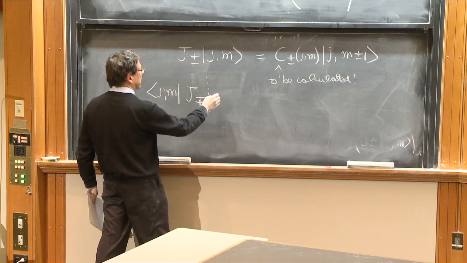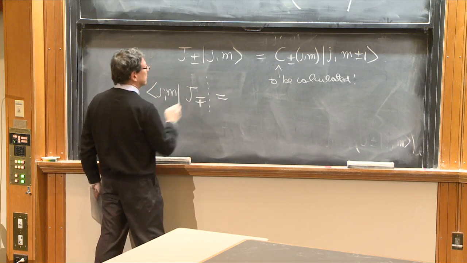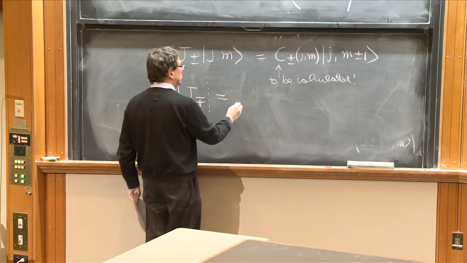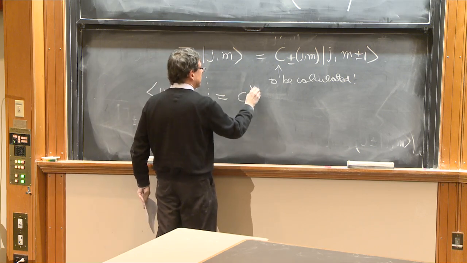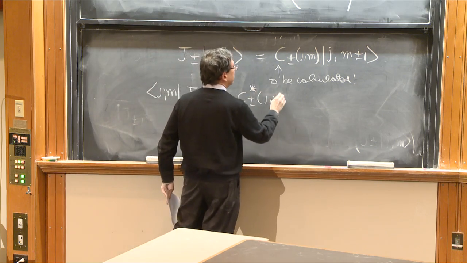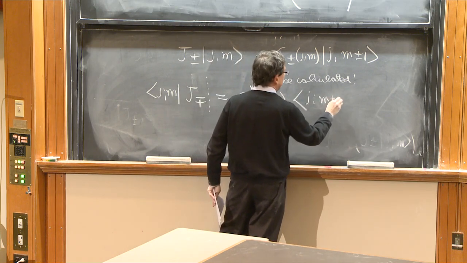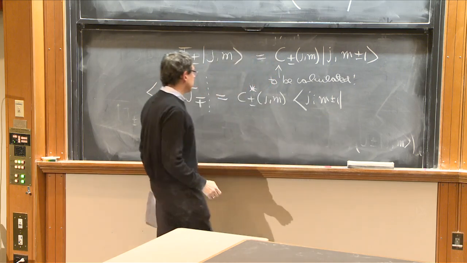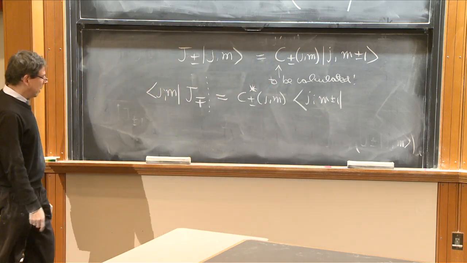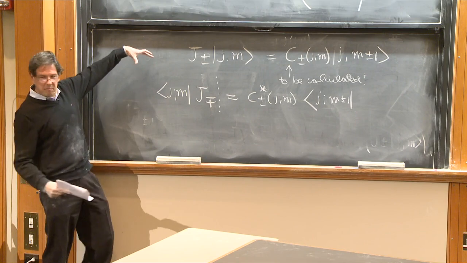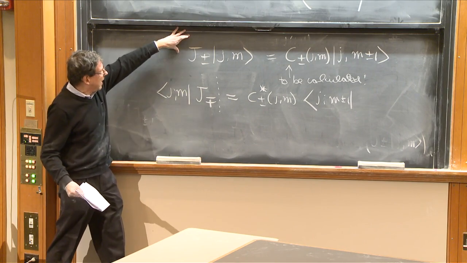So you'll have here, well, maybe I'll write it. The dagger of this equation would be c plus minus star of jm, j m plus minus 1. And now sandwich this with that.